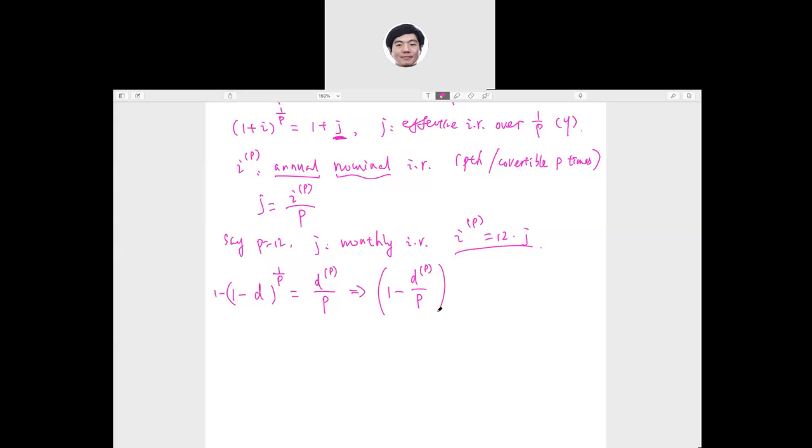So in order to go to 1 year, take the Pth power, and then you should get 1 minus d.